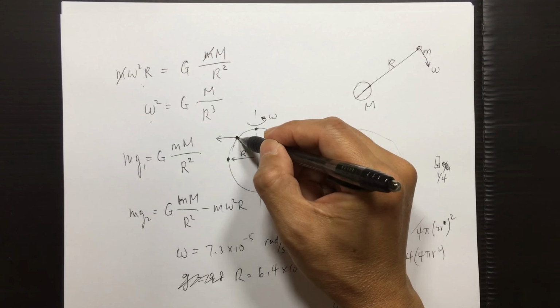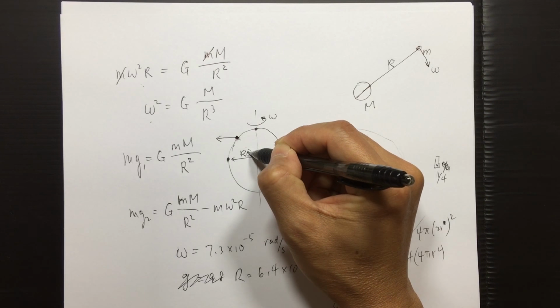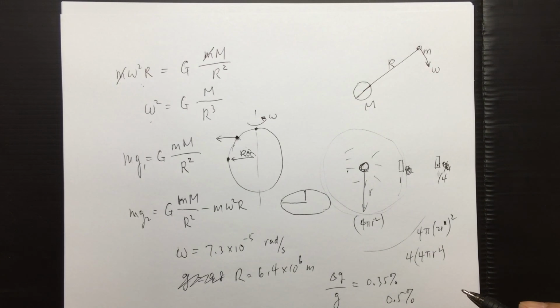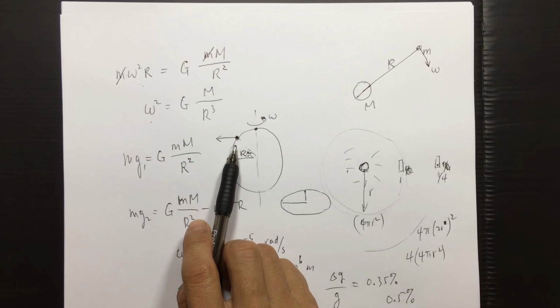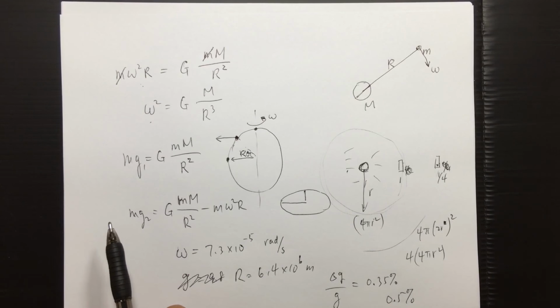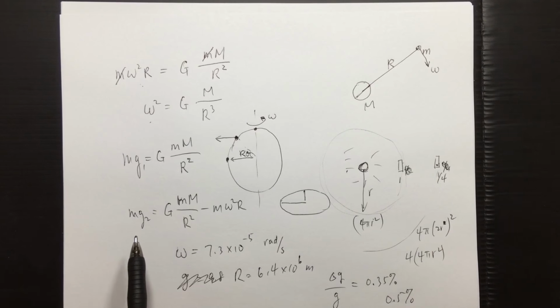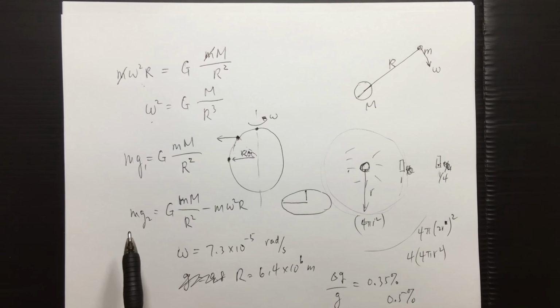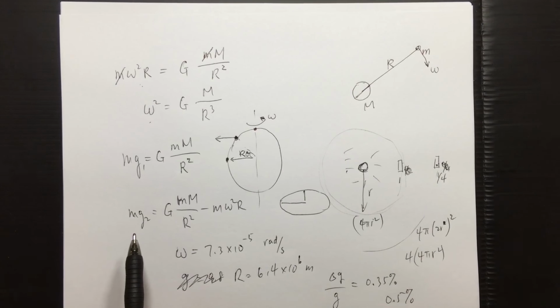Let's call this angle theta. This force is like pi over 4, so the force is, I don't know, square root of 2 divided by 2.